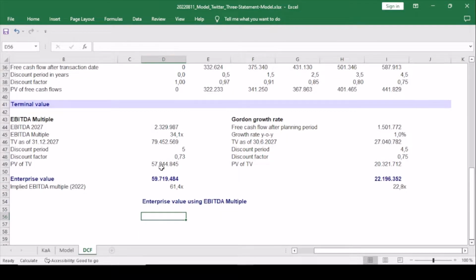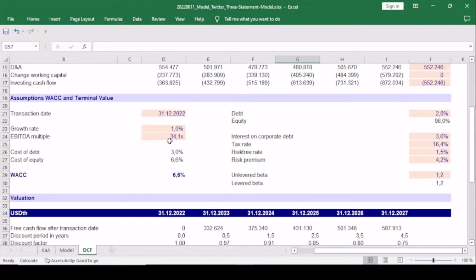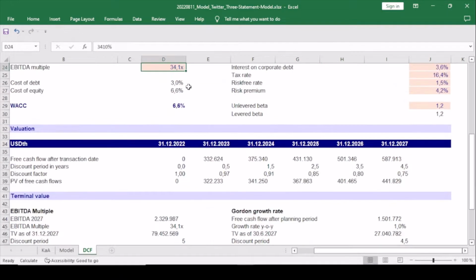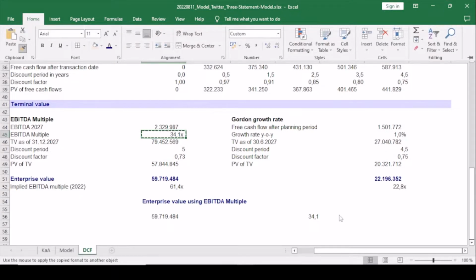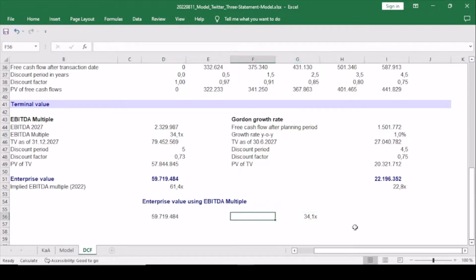First, we start off with our EBITDA multiple, and we link the value we would like to change in the upper corner of our data table. What that means, I will show you in a minute. So here we plug in the multiple we would like to change in our sensitivity.